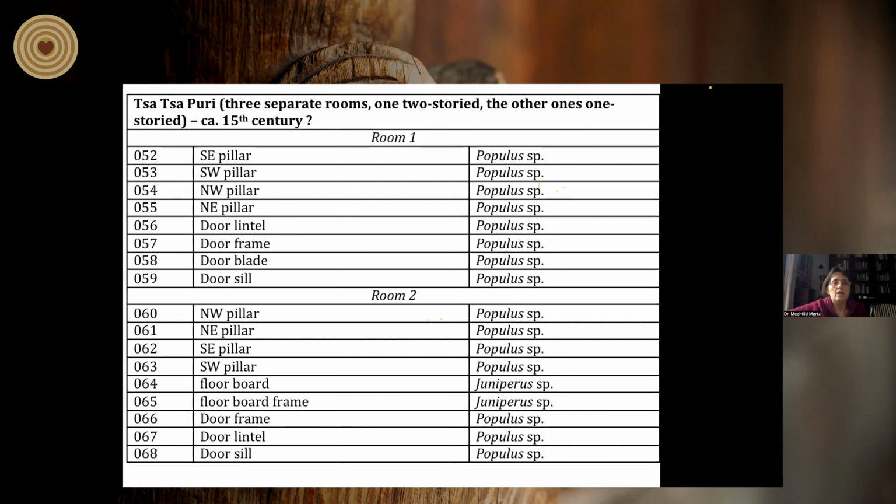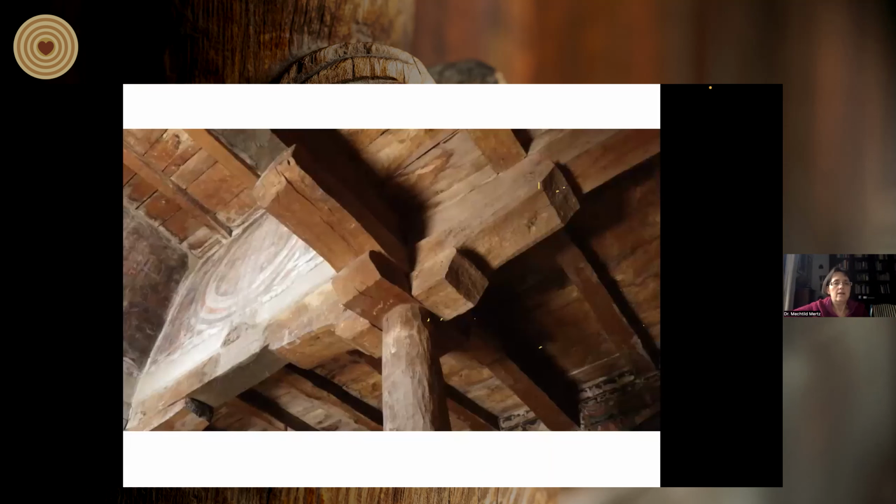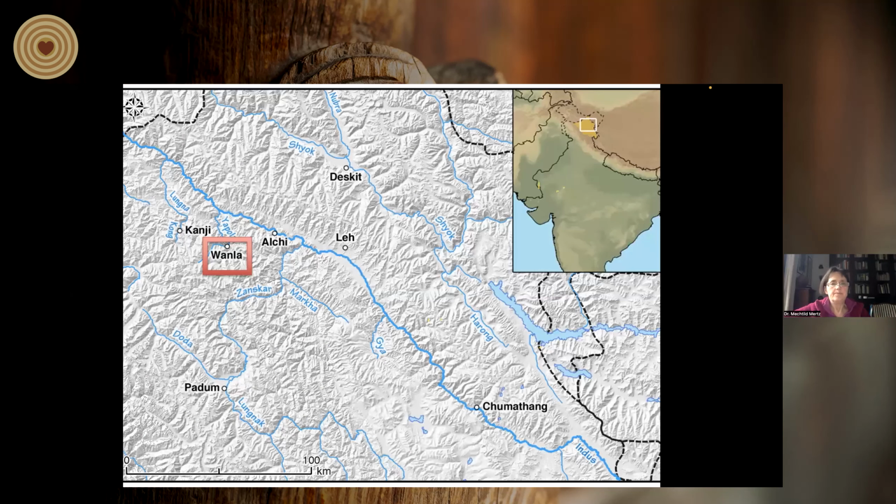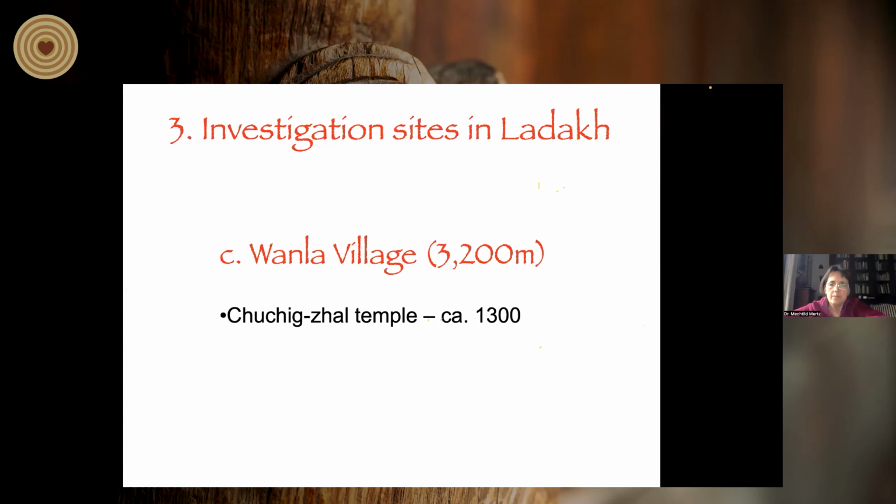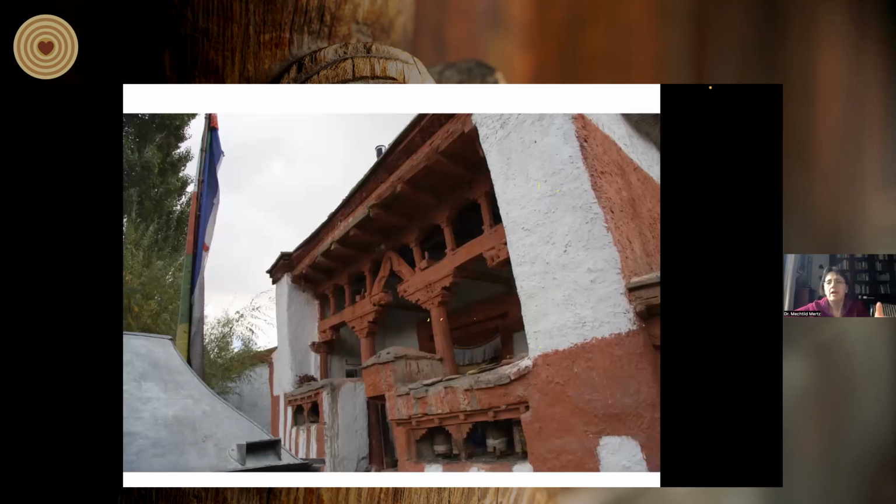Yes, so we take photos, and then also the Wanla village, the Wanla temple is in the Wanla village, and you see it was along a small river, which goes to the Indus River.